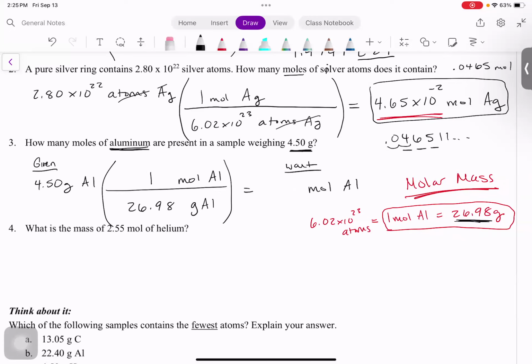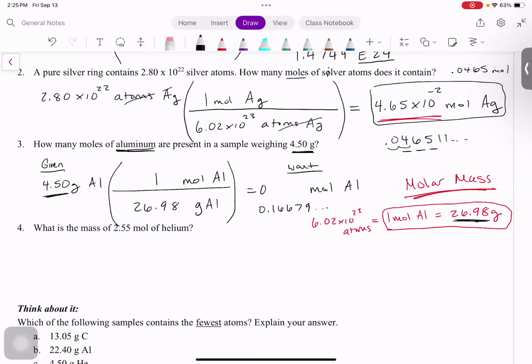So now all I need to do is divide 4.5 divided by 26.98. And from my calculator, I get 0.16679, bunch of other stuff. I'm going to round this to 3 significant figures based on my given. So I can report this as 0.167 moles here.